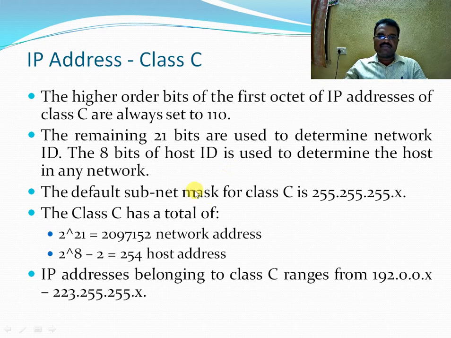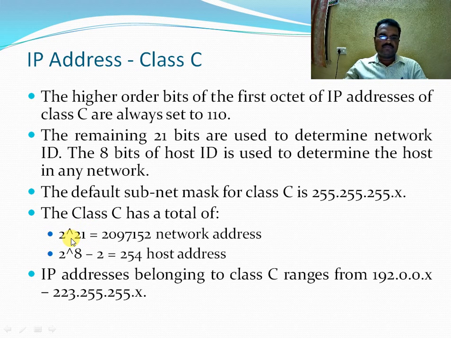The default subnet mask for class C is 255.255.255.x. Class C has a total of 2 to the power of 21, because among the 24 bits, 3 bits indicate that the address is class C, and the remaining 21 bits are in the first 3 bytes.